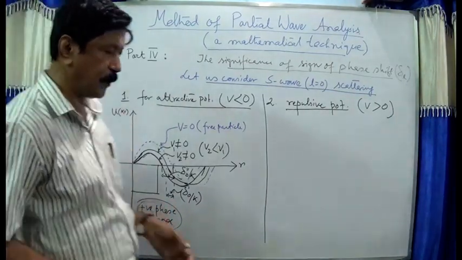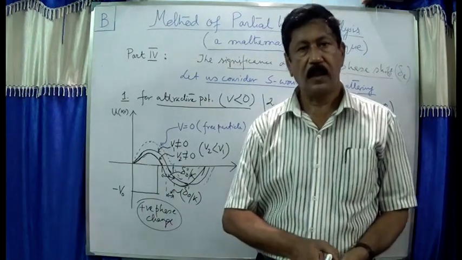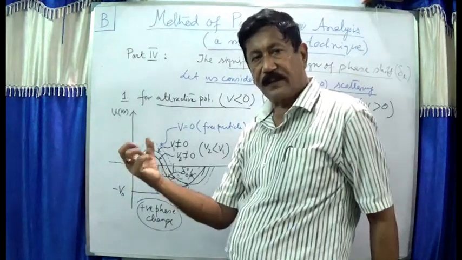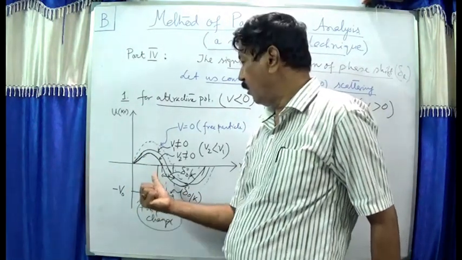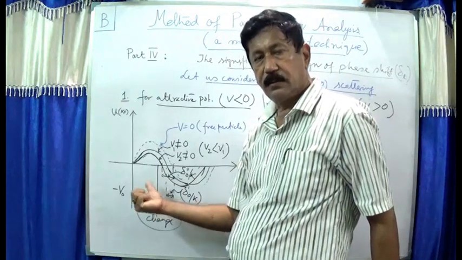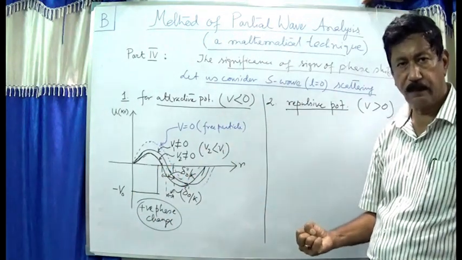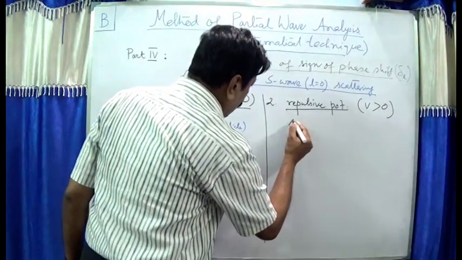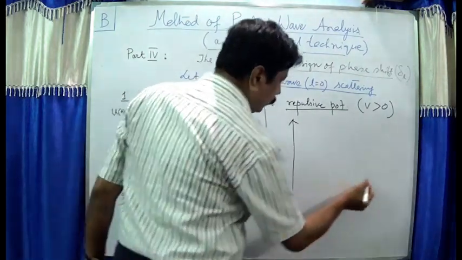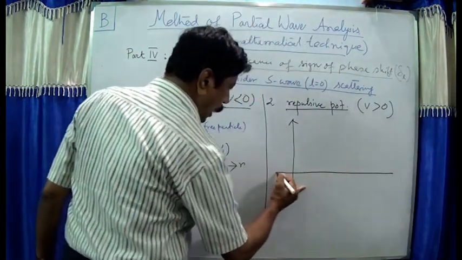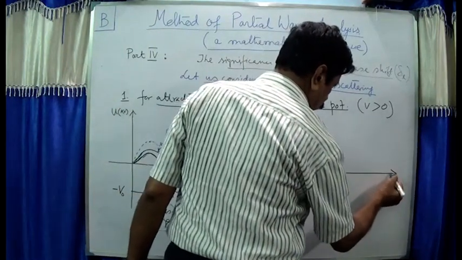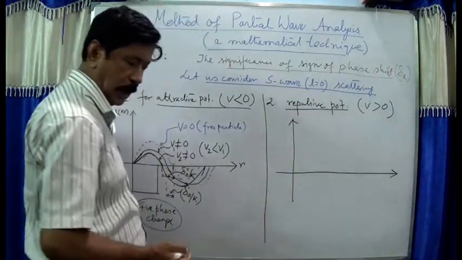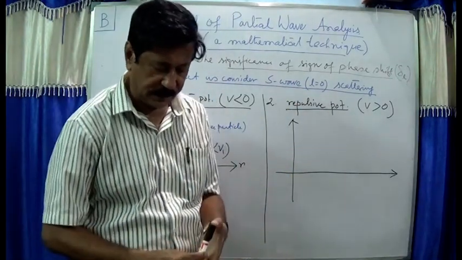In case of attractive potential, what we have found is that the incident wave front will feel attraction inside the potential, that is, the pulling effect will be there. So the opposite of the pulling effect is the push out effect, pushing out. So a pushing out effect is expected in case of repulsive potential, and let us see whether it is correct or not.